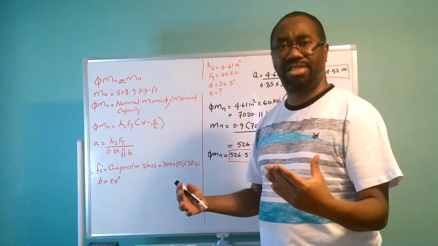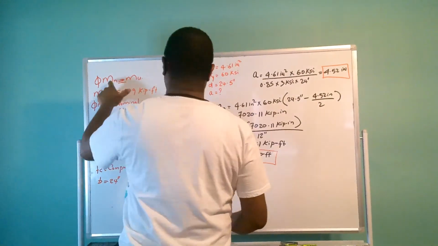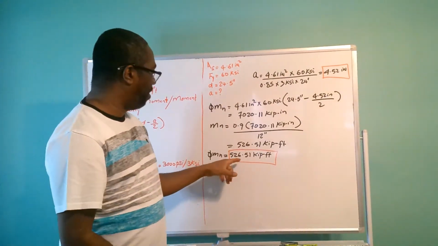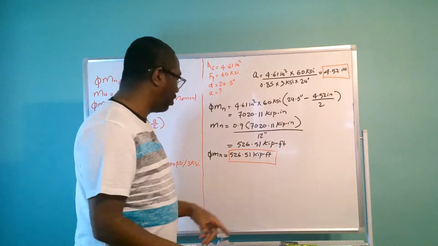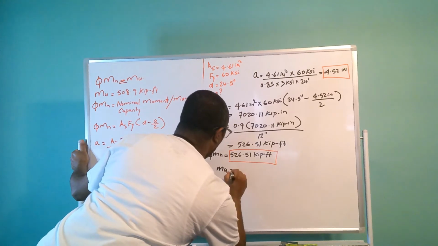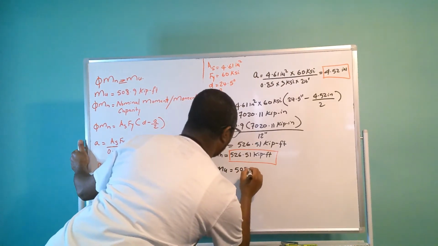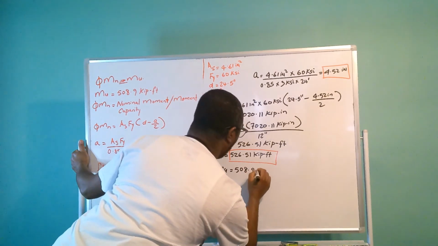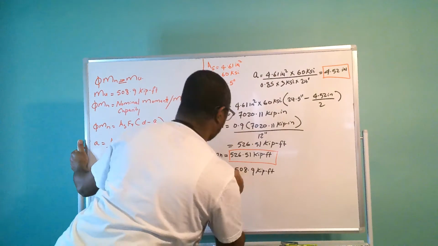But in this case, our beam is okay because our phi Mn is 526.51 kip-ft, and our Mu is 508.9 kip-ft.